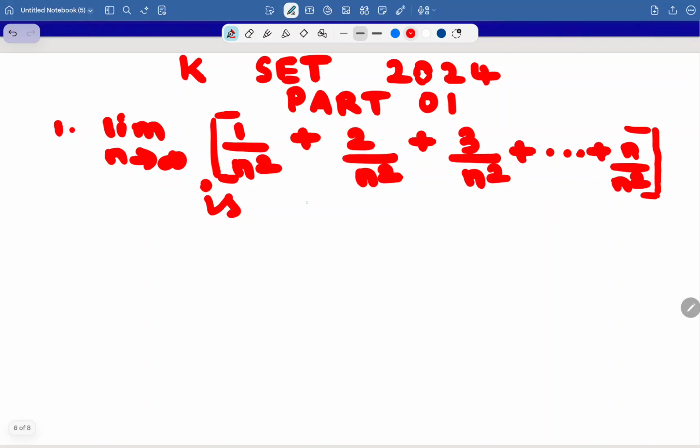The first option is 1 by 2, second option 0, third option 1, fourth option infinity.